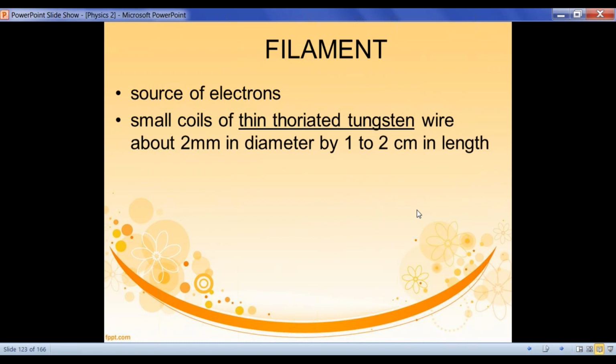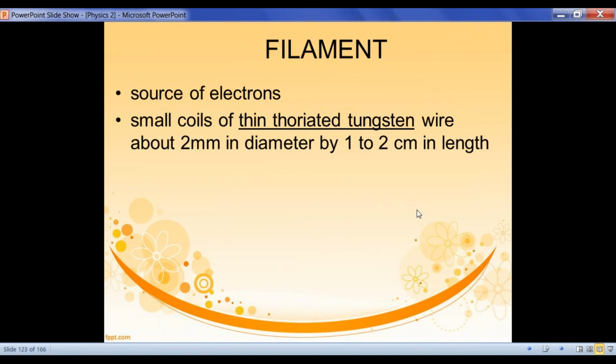So tungsten is the material of choice for our filament in the X-ray tube. It is added with about 1 to 2% of thorium. Yes, 1 to 2% of thorium is added to the tungsten to prolong its life and to minimize or avoid the premature vaporization of our tungsten.